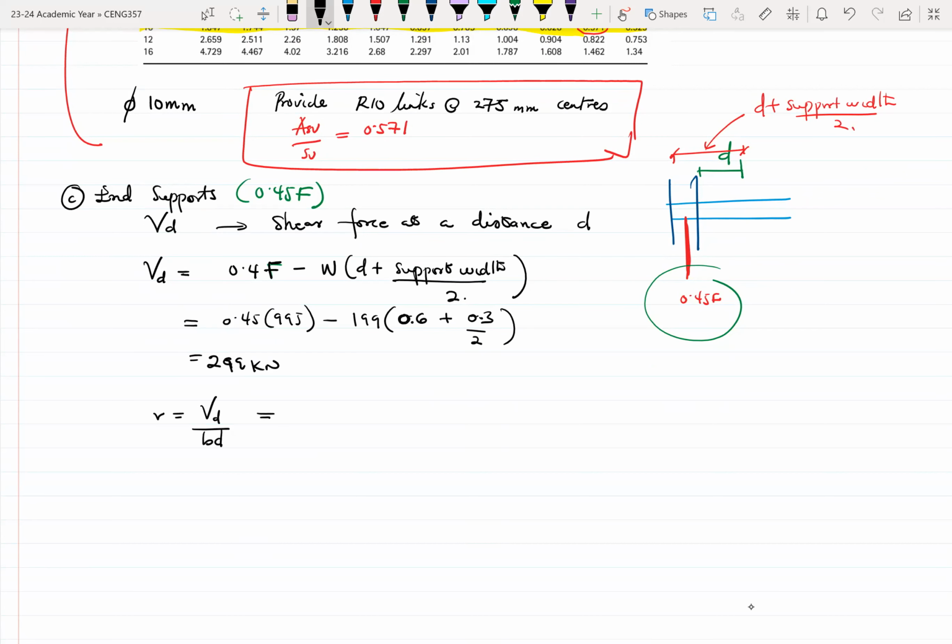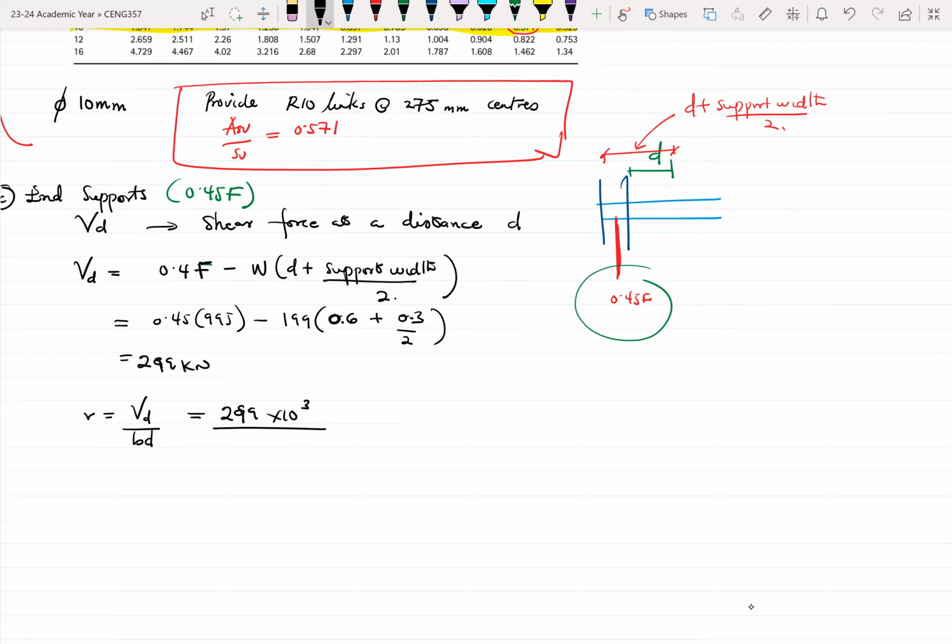So it becomes 299 times 10 exponent 3 all over 300 for the B and a D of 600. So this will give us 1.66 newtons per millimeter squared.